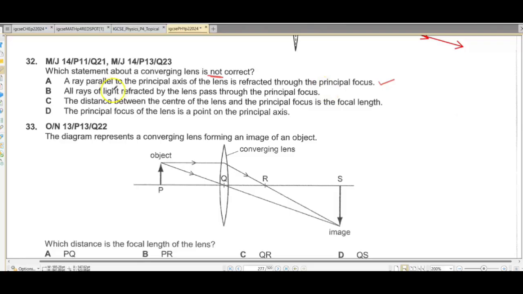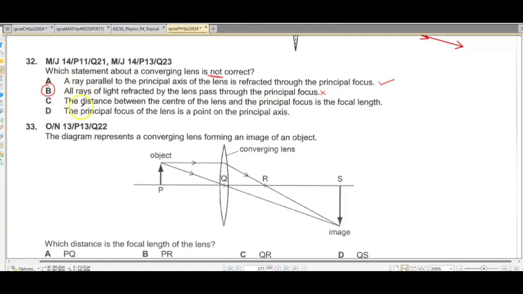All the rays of light that are refracted by the lens don't pass through the principal focus. We've seen the one ray that passes through the optical center of the lens and it goes on undeviated. We have seen that whenever a ray before refraction passes through the focal point of the lens, it goes straight ahead and does not go through the principal focus. So this seems to be the option which is not correct.